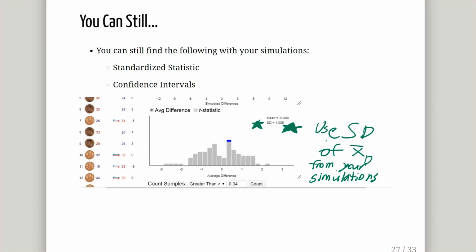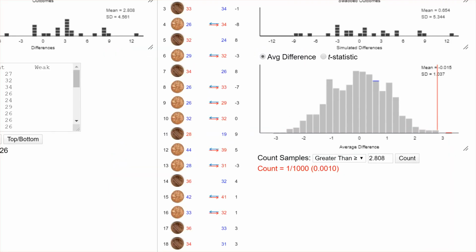When we did our practice problem, let's go to the applet. We had 1,000 simulations to make our null distribution. The standard deviation of these sample statistics is 1.037. 1.037 is our standard error.